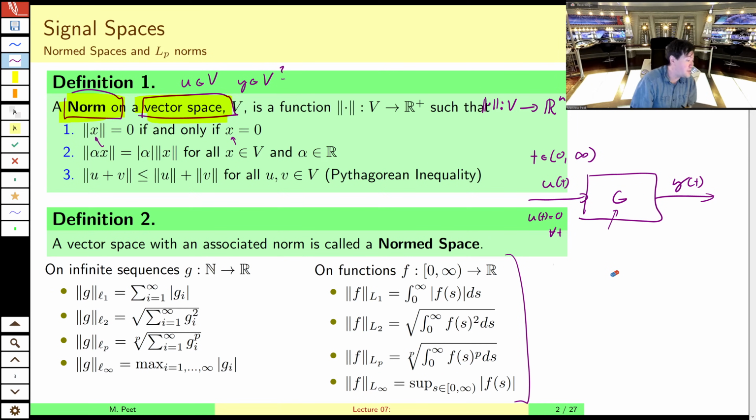The second property is the scalar multiplication property, basically. So basically, if you have u of t, a function of u of t, and you multiply every point in time by a scalar a, and then you take the norm of that. Here we should put a little c dot here, not the instantaneous value of that function, but the whole value of the function, multiplied at every time instance.